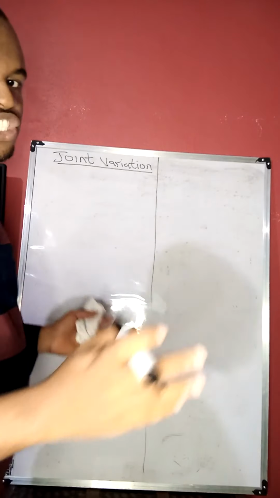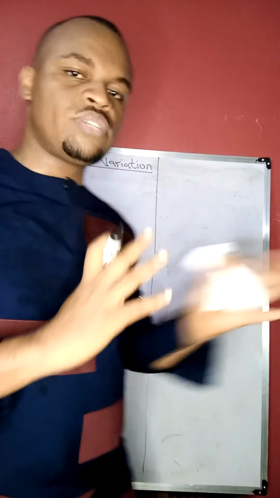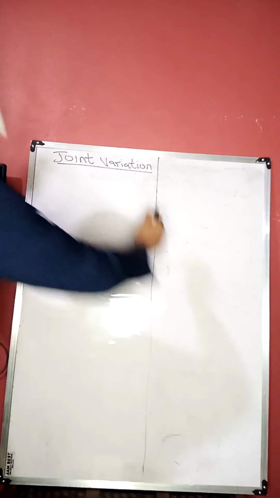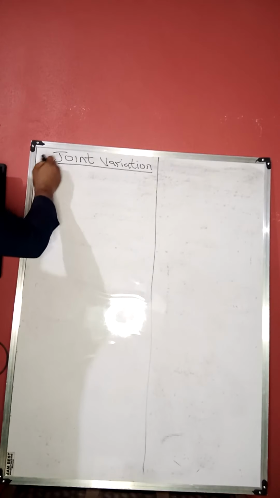So in joint variation, we can either have two direct variations, a direct variation and an inverse variation, or a combination of both the direct and the inverse variation. Let's look at some examples.